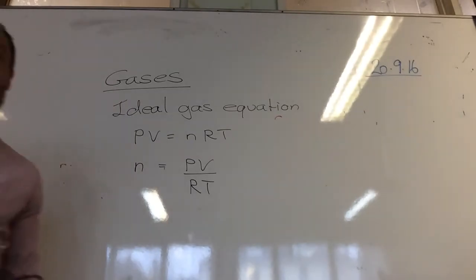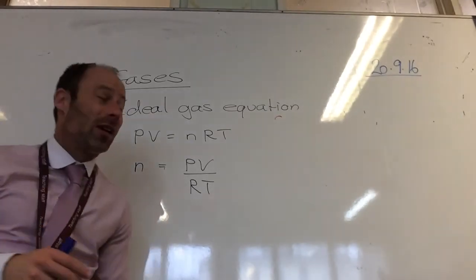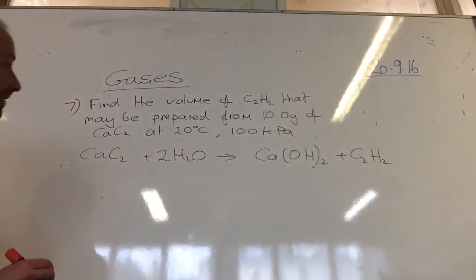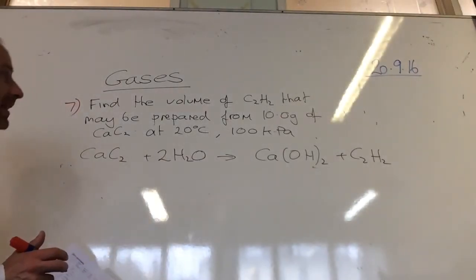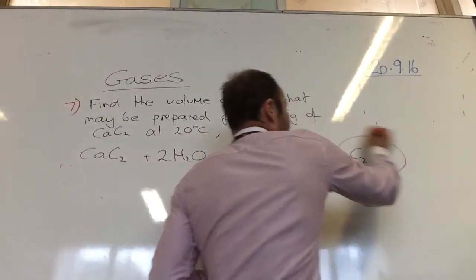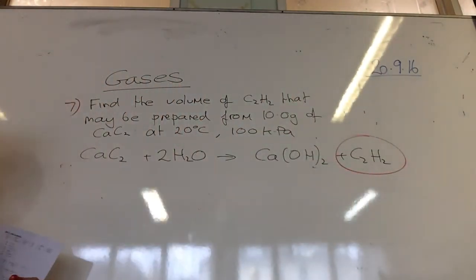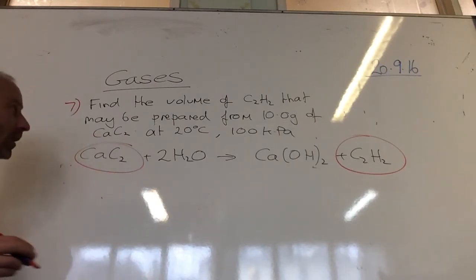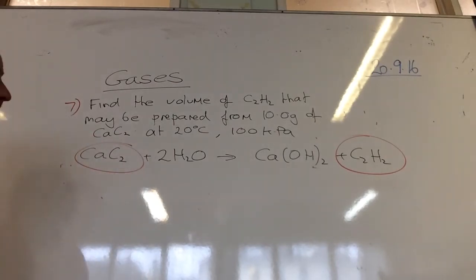So we can use that when we come to do mole calculations for gases, which is what we're going to do now. It says find the volume of C2H2 that can be prepared from 10 grams of CaC2 at 20 degrees C and 100 kilopascals. So, what's the first thing I always do?